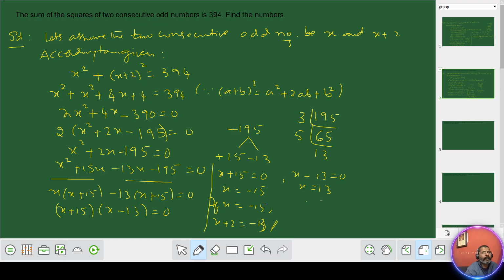Another set is if x is 13, then x plus 2 will be 13 plus 2, 15. 13 and 15 are the other set. So the required set are either minus 15, minus 13 or plus 13, plus 15. We'll move to the next question.